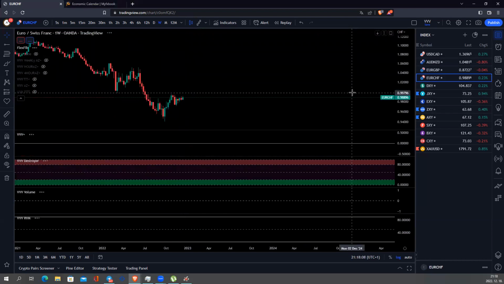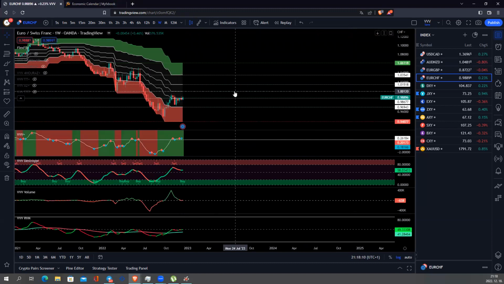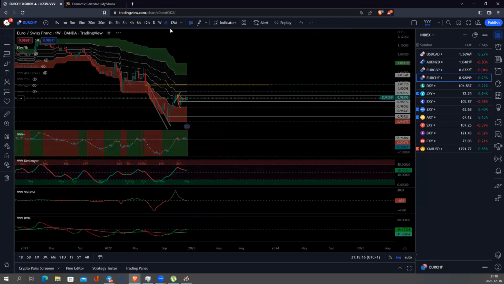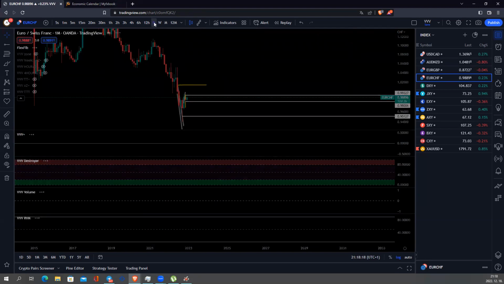Euro CHF. The Euro CHF made a consolidation, like I talked about in the last session. There is not a good movement, the market was going sideways actually.